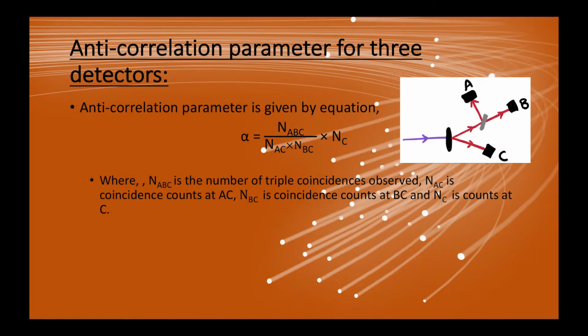Before I go to my results for this one, I want to talk about the anti-correlation parameter again, because it is a little different from the anti-correlation parameter for the two detectors. This is a simplified version of the ones that I was having before, and the numerator is the number of triple coincidences that we observe.